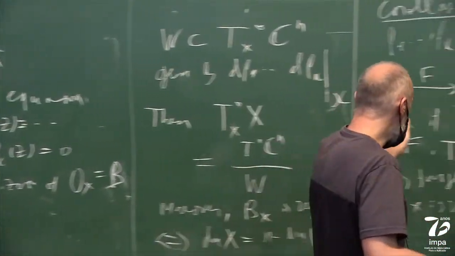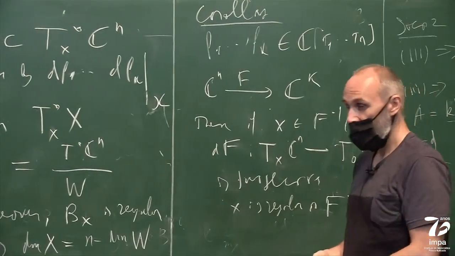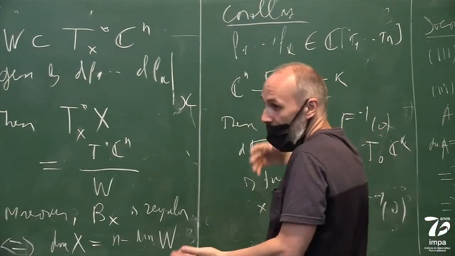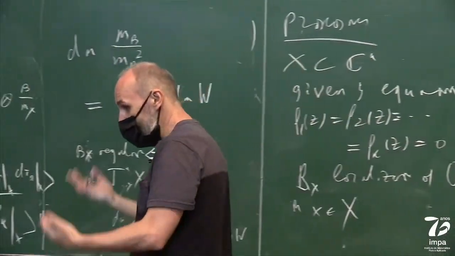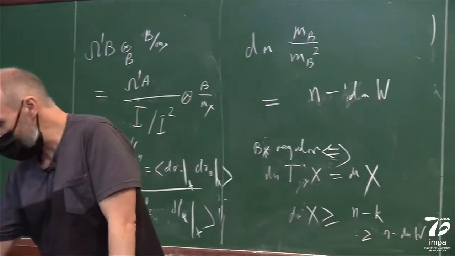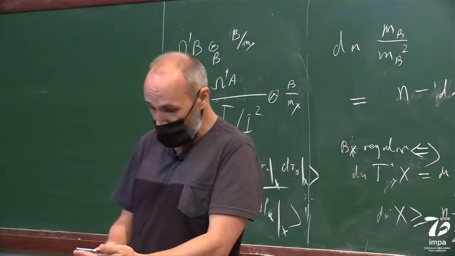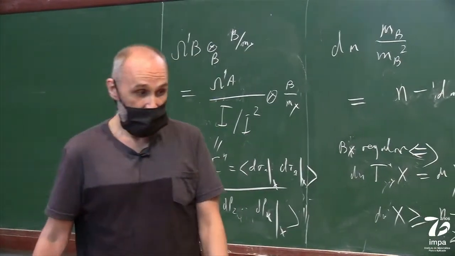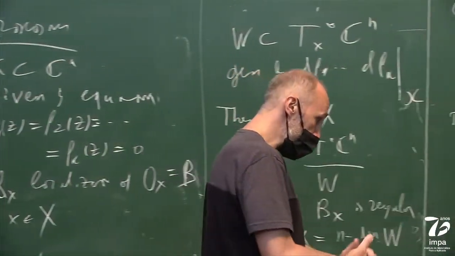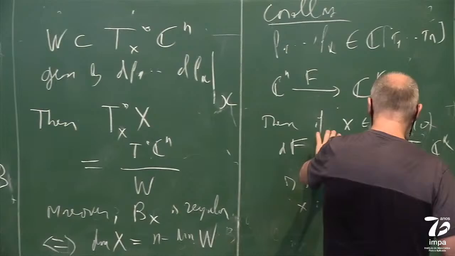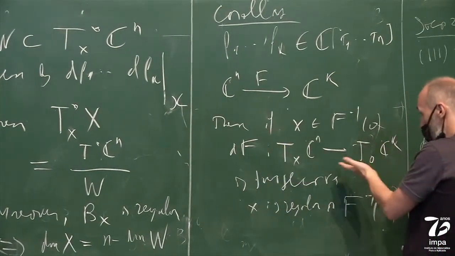This is precisely surjectivity of this map. But then it is the same statement as we had for smooth varieties. So really, regularity is an algebraic condition, which is equivalent to the geometric condition we had last time about smooth manifolds, when the manifold given by this set of equations is smooth.